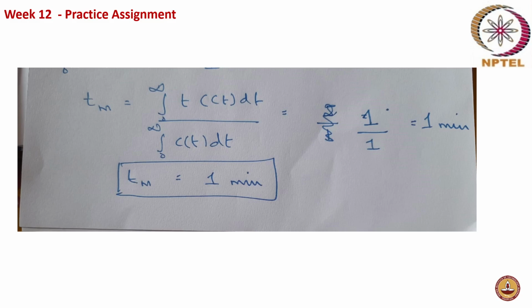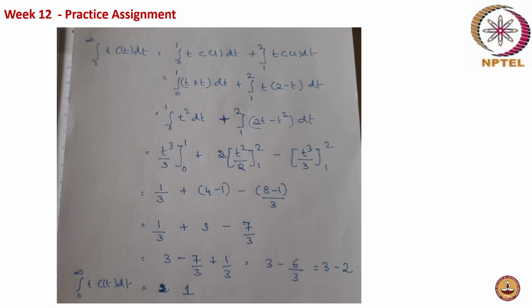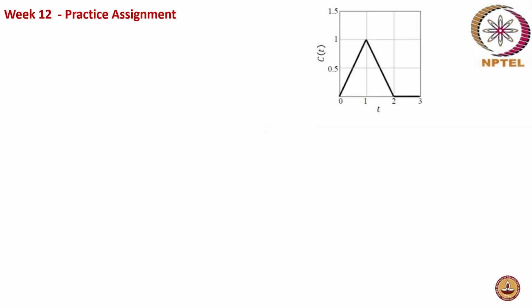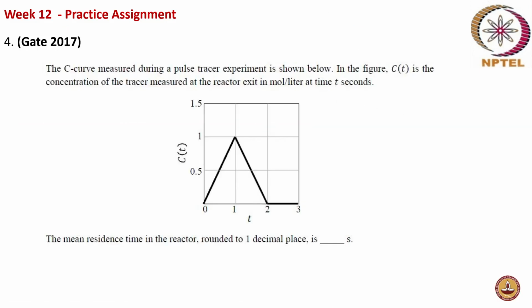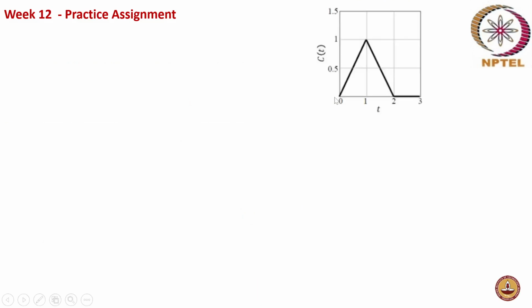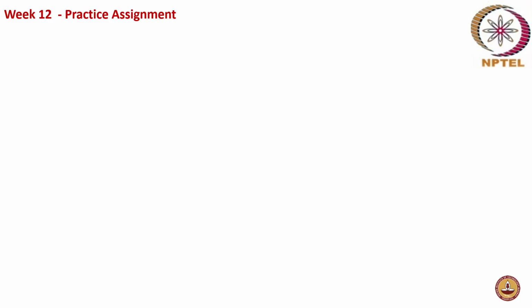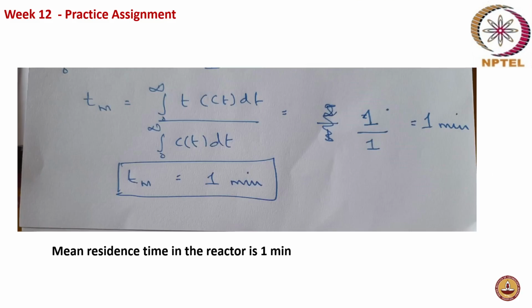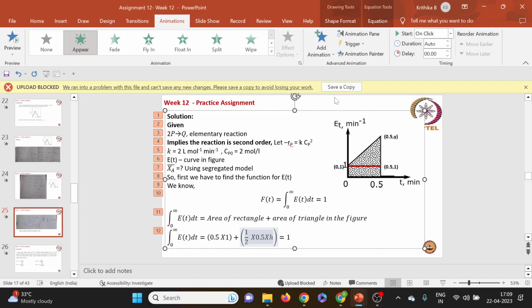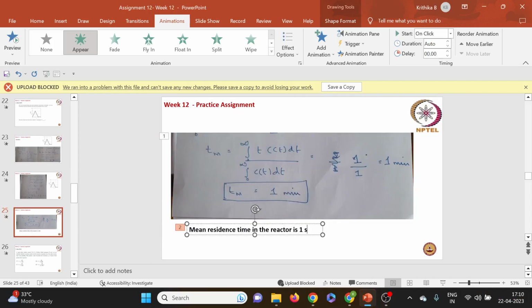So your mean residence time is actually not 1 minute, it is 1 second, because the time unit given in the question is t seconds. Sorry for that mistake. The mean residence time is 1 second, not minute.